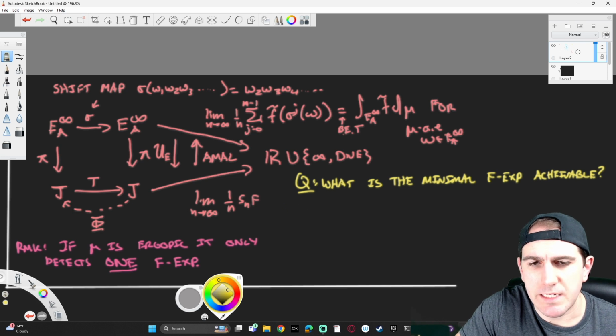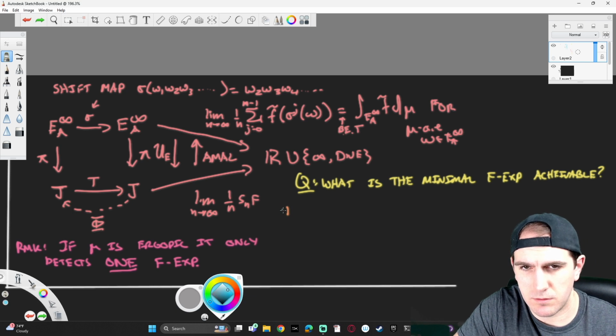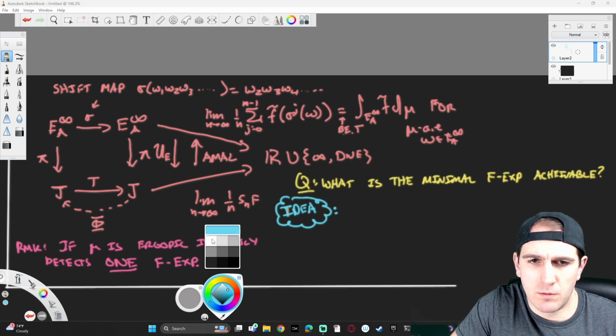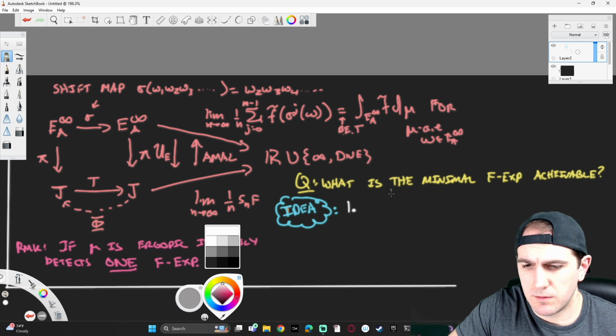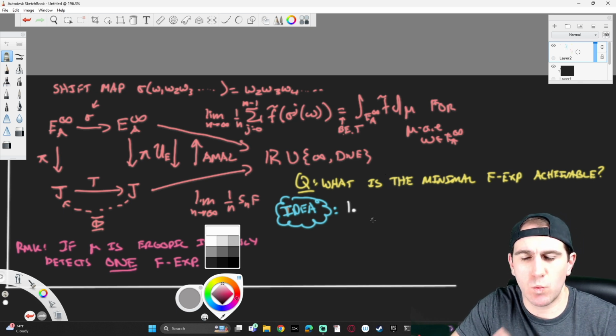And well, the idea here is, one, we need a family of ergodic measures that detect just one F-exponent.